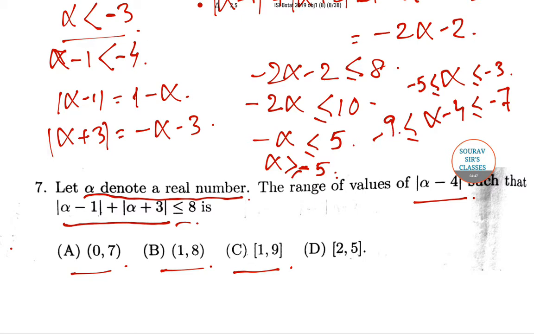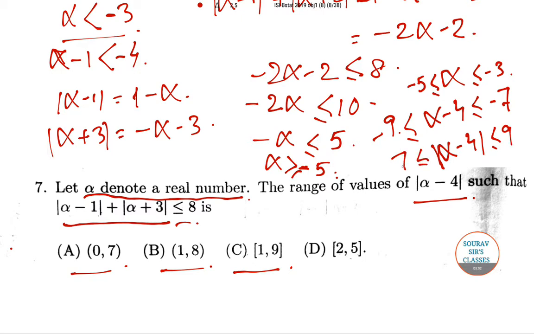If we take the mod, then mod alpha minus 4 will be 7 to 9.